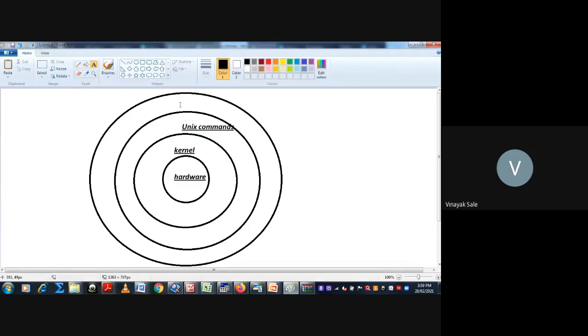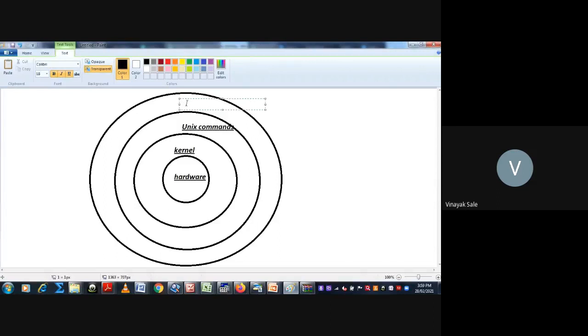Then here applications or user applications, or other programs. So there are nearly 4 layers. In the inner layer at the center there is hardware, then kernel, then different commands, then user applications.